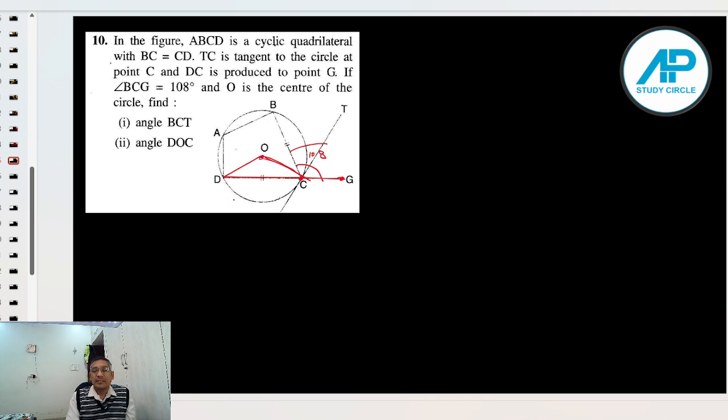We need these two angles. Look very carefully. Angle BCG is known, it is 108. Right away we can say that this angle BCG is equal to angle DAB. So angle BCG equals this, the exterior angle property of a cyclic quadrilateral.